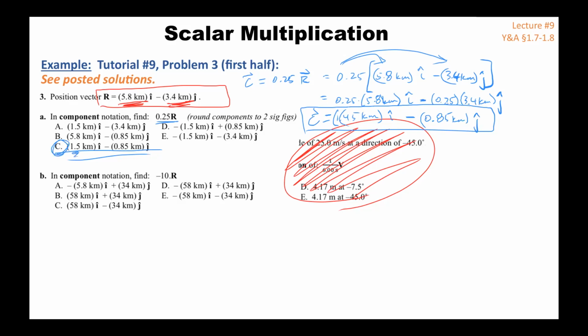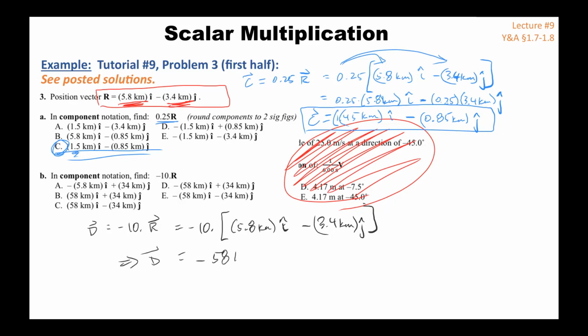Let's do the same thing for vector D down here at the bottom. I'll just change color. Vector D is equal to -10 times vector R. So again, just multiplying through, -10 times 5.8 kilometers I hat minus 3.4 kilometers j hat. So that means vector D is going to be equal to -58 kilometers.